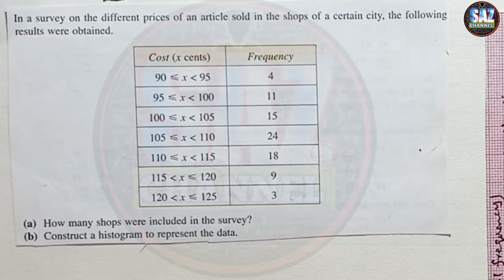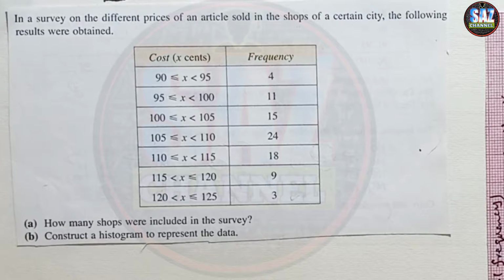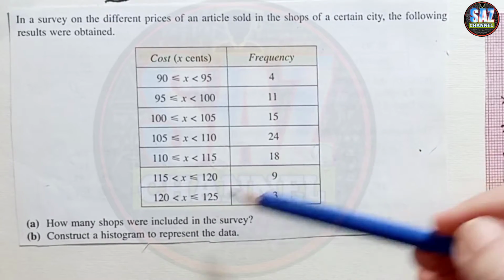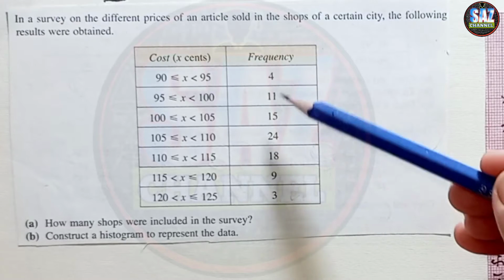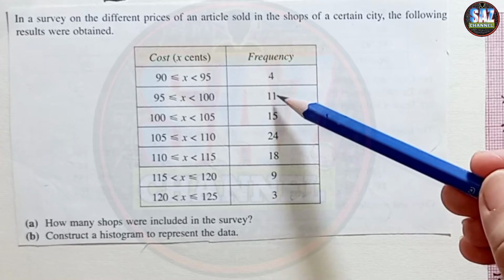The first requirement of the question is how many shops are included in the survey. Very easy part. In order to get the answer for part A, we simply have to add up all of the frequencies and see what the sum is.